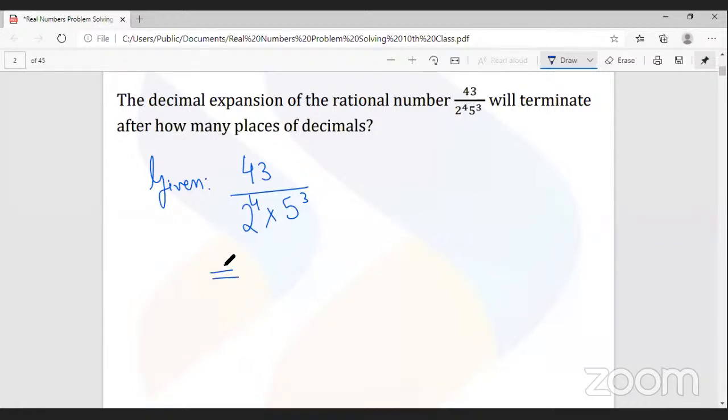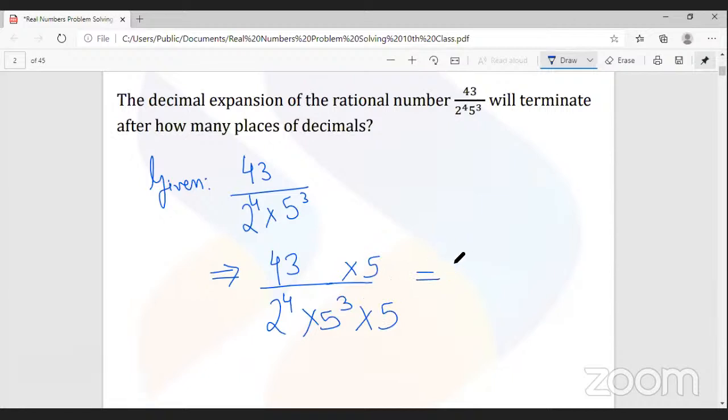So let's form the pairs of 2 and 5. There are four 2's, but only three 5's. So if I multiply 5 in the numerator and 5 in the denominator, we get 215 upon 2 raised to the power 4 into 5 raised to the power 4.